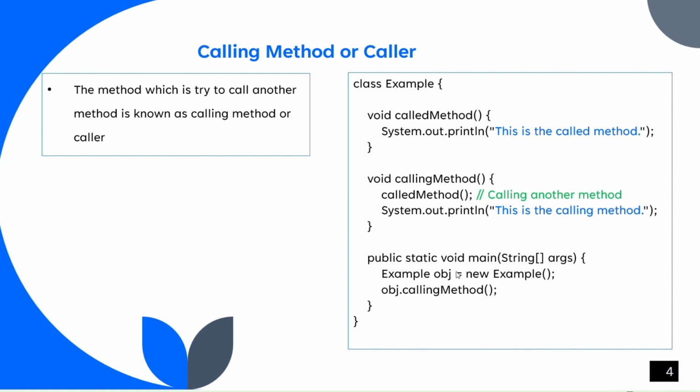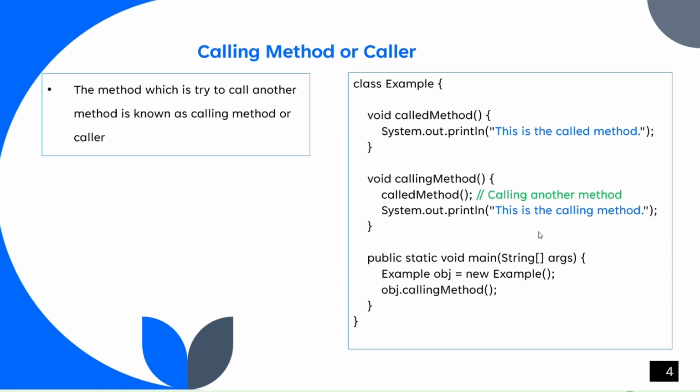And here we have a main method. Inside the main method we create the object to call our method. So object dot calling method, what will happen? The caller goes to the void calling method and enters the block. Inside the block you can see the first statement is called method.